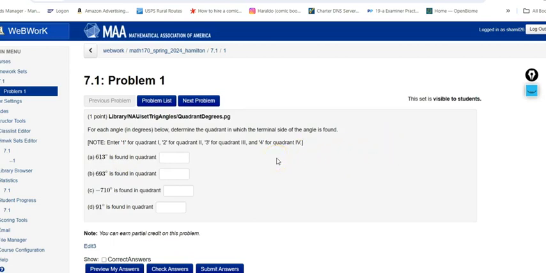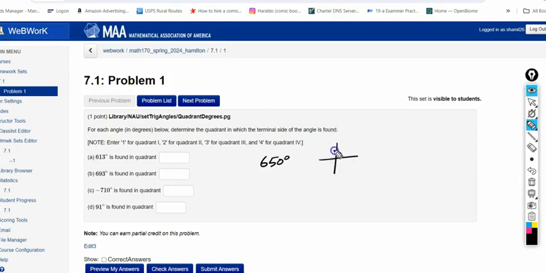So if I wanted to know where 650 degrees is, what quadrant is it in? Well, I know that 650 is the same as a full revolution, plus if I go a further 90, that's going to give me 450, my bad.